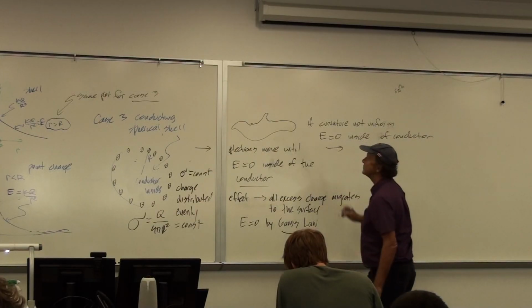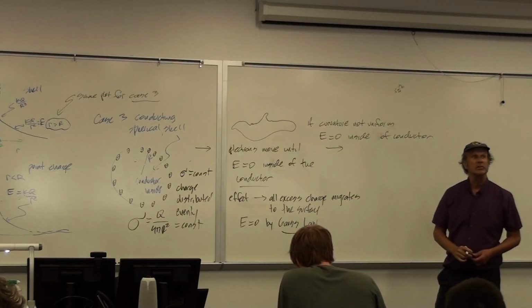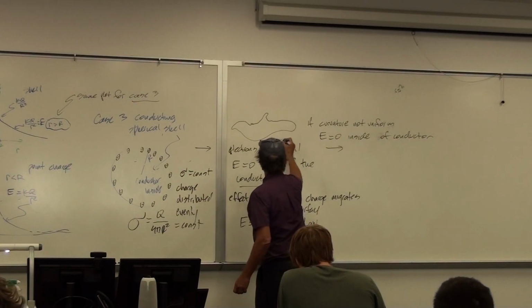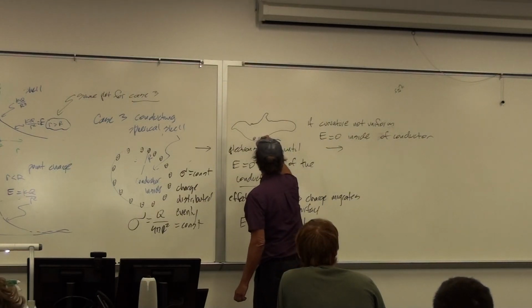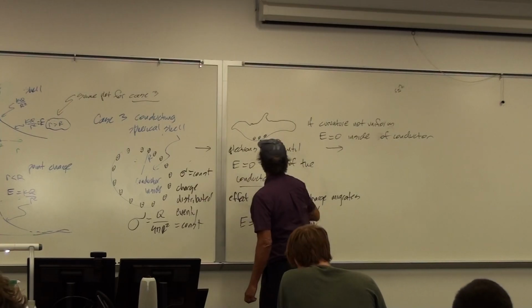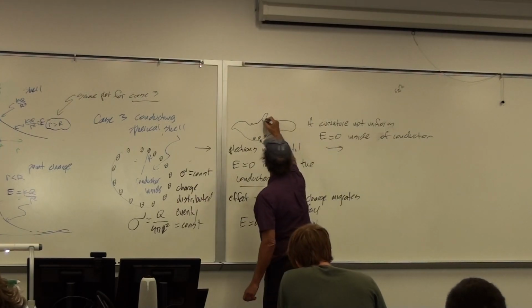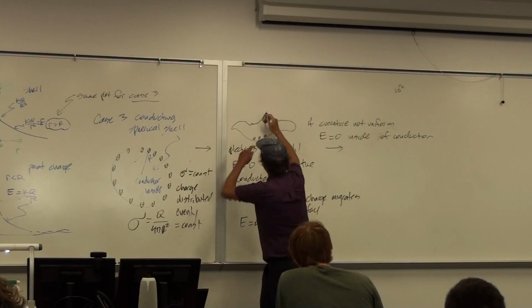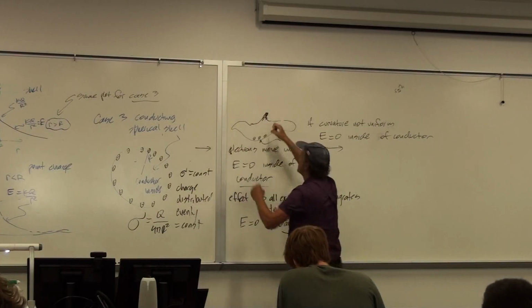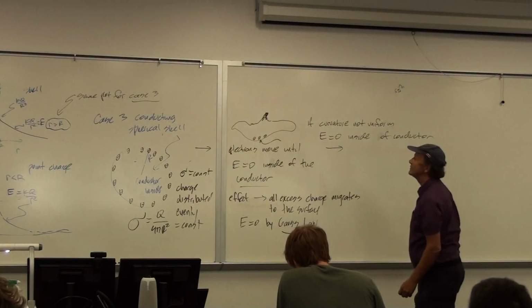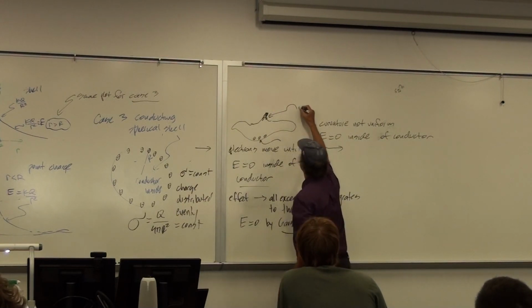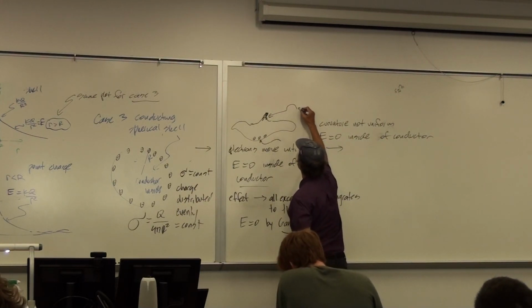But the surface charge density will change. So in other words, where there's less curvature, there's less charge density. The electrons are farther apart. But when there's more curvature, there's more charge density. Because these things can't cancel themselves out inside of here. They kind of push up against each other, and they conspire in such a way that where we have greater curvature, we have greater distribution of charge.